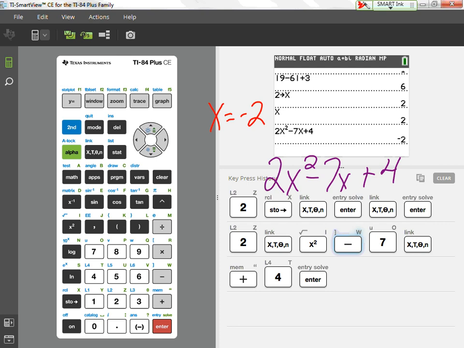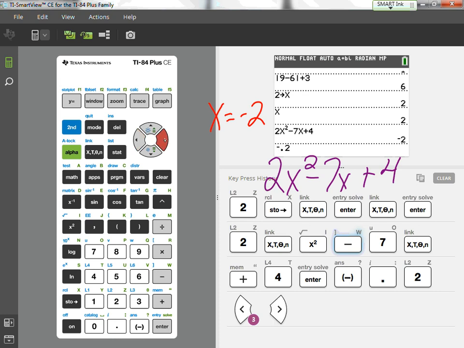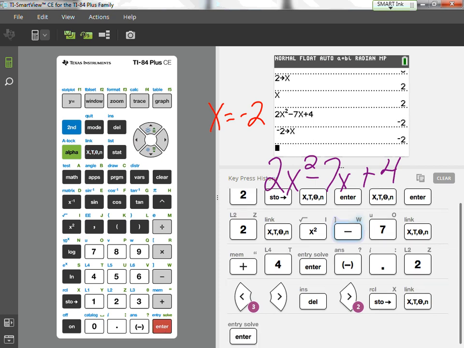So all I have to do is change it. To change the value of x, I would type negative 2, not 0.2, negative 2 store x, and hit enter. Because now it's changed it. Now it's saying the value of x is negative 2, not positive 2.